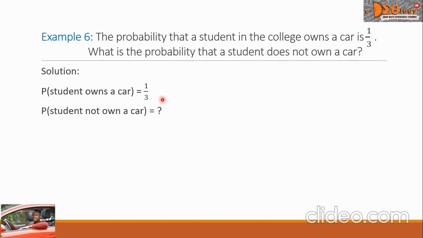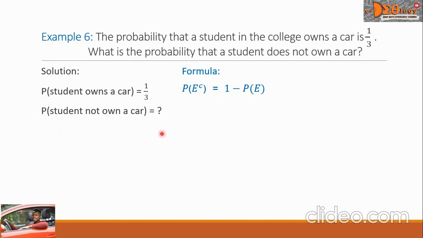The problem is asking about the probability that the student does not own a car. Take note that these two events are complements of each other. We have a formula for the complements. So we have here P of the complement of an event equals 1 minus P of the event.